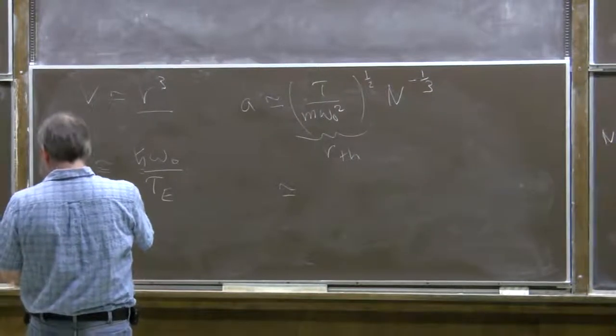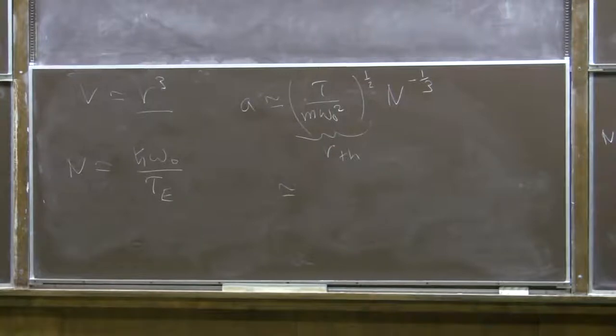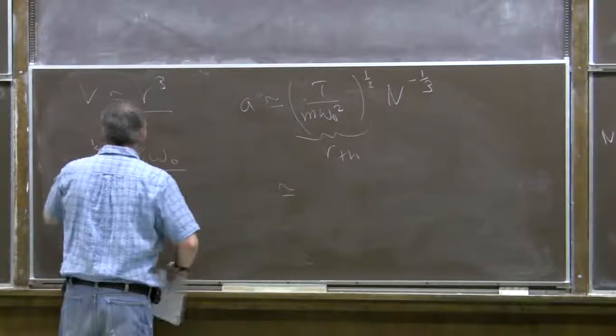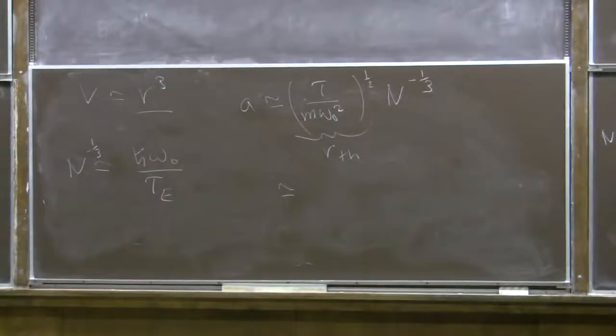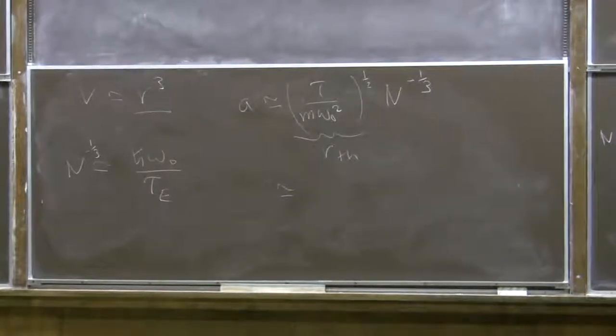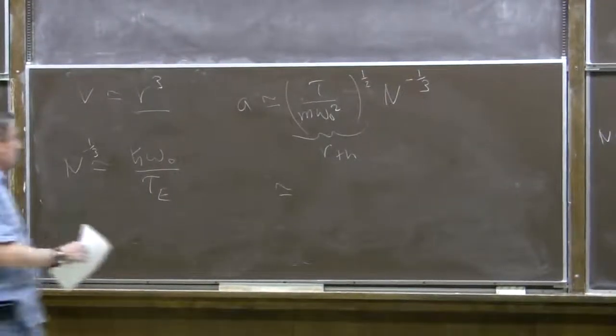Right, because it wasn't n, it was n to the minus 1/3. N to the 1/3, n to the minus 1/3, there we go. N to the minus 1/3 goes like h bar omega naught over tau Einstein. Just putting n to the minus 1/3 over here, and dividing by tau Einstein.